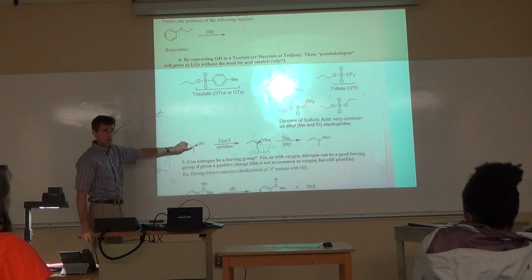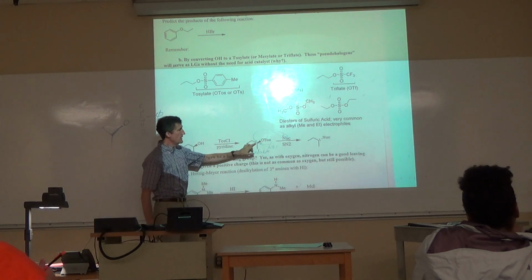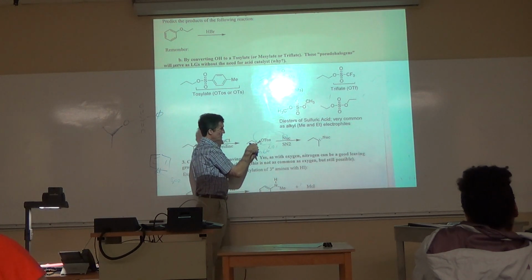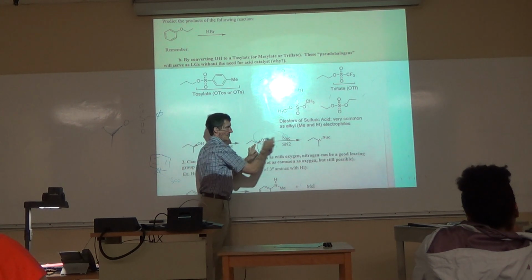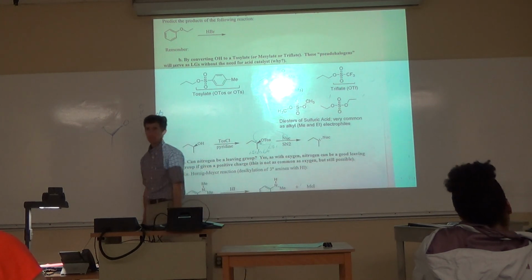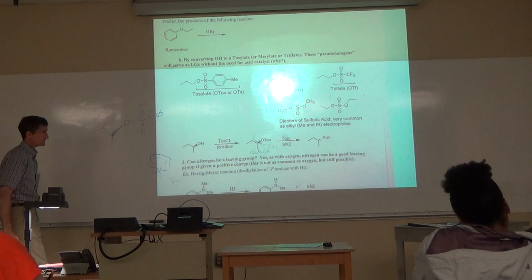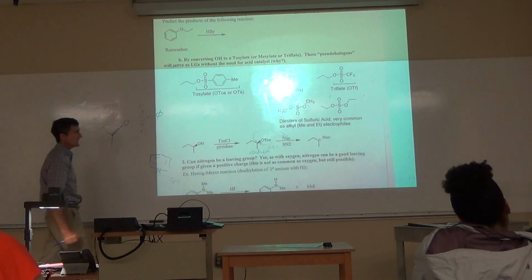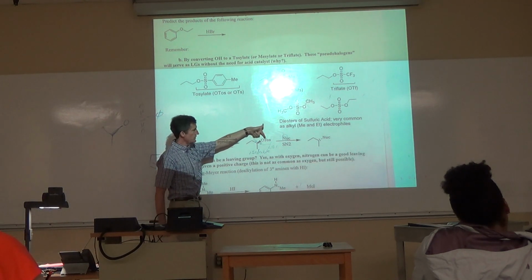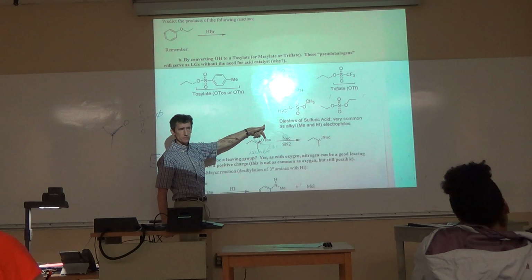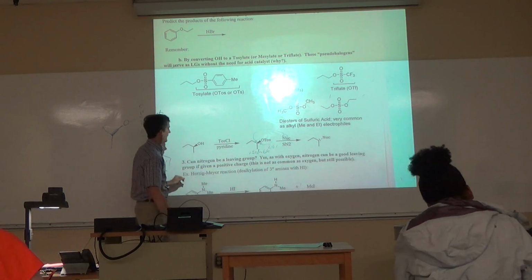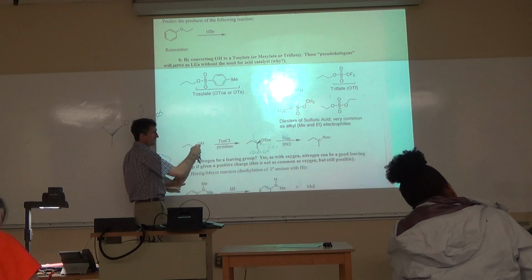No. So that remains forward. But now we're doing chemistry at the tetrahedral carbon, backside attack. And that's how you get inversion. So tosylates are good leaving groups. You do not have to have strong acid to make tosylate a better leaving group.